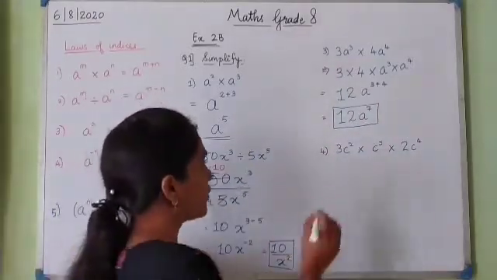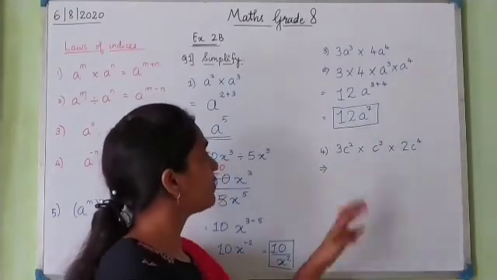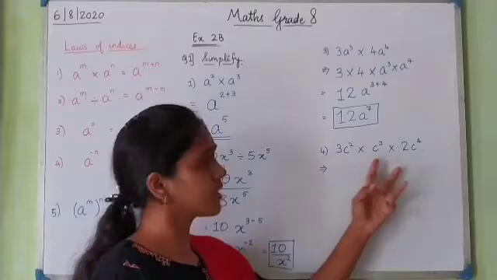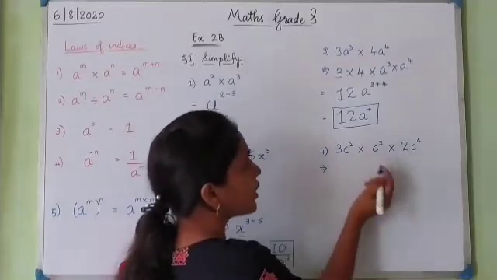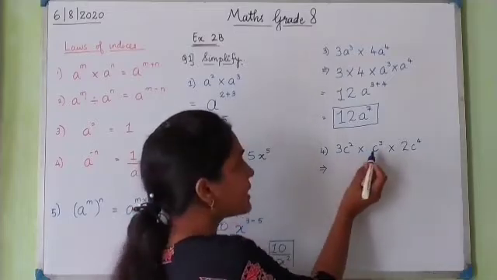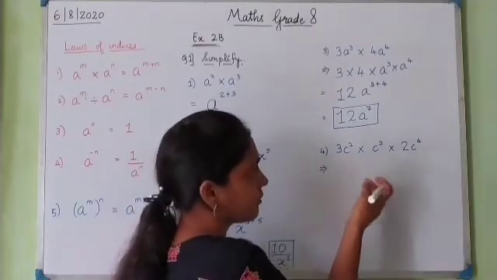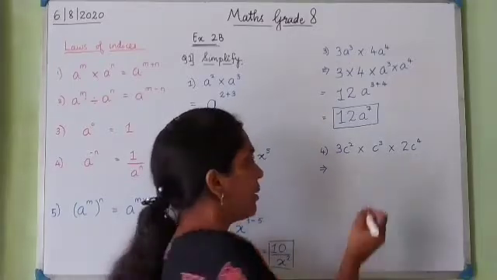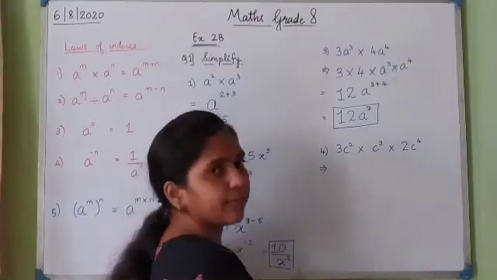Now the fourth question. The fourth question is similar to the third one, but here there are 3 terms given. So we multiply the constants first. Here if there is no number, that means there is 1, right? So we don't need to multiply, or even if we want, we can write 3 multiplied by 1, or we can directly write 3 multiplied by 2.